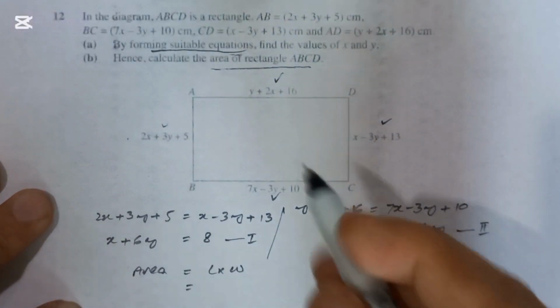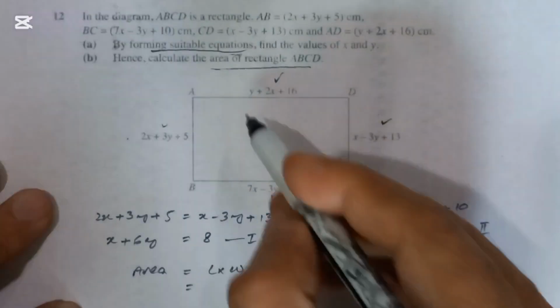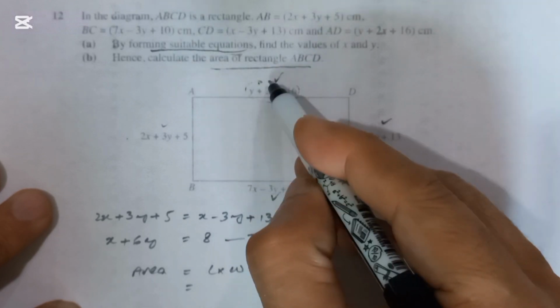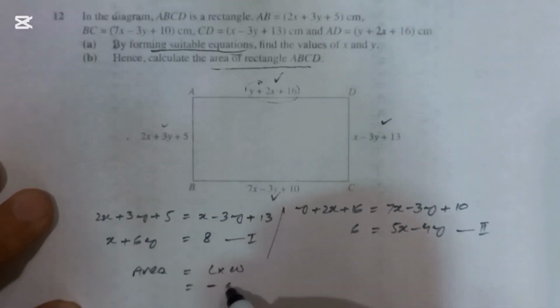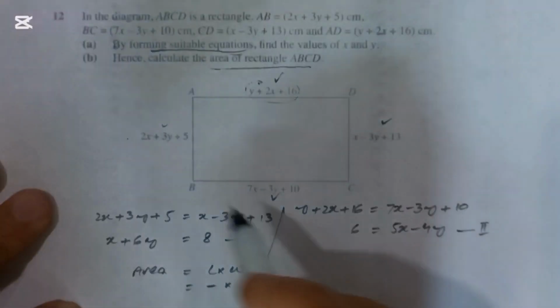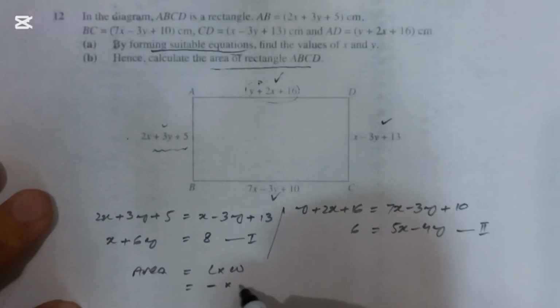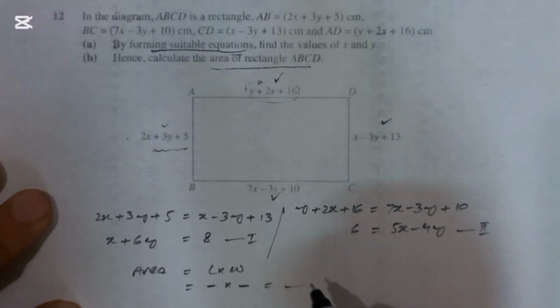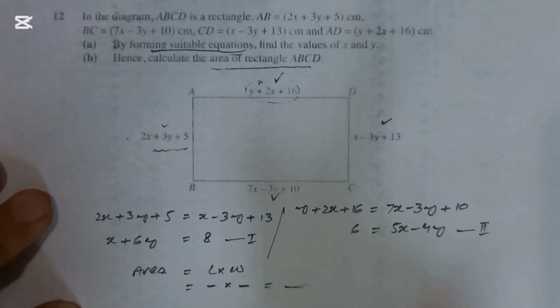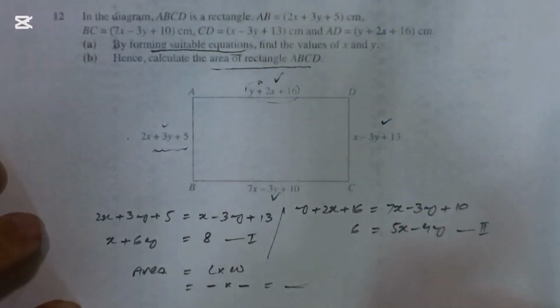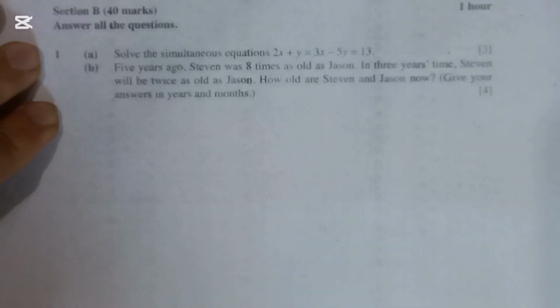So now, after getting the values of x and y, you will put here, you will get the length, and the answer of the length should be put here, and put the values of x and y here, you will get the width, put that value here, multiplying the two values will be equal to the area of the rectangle. So you have to do this question by yourself now.